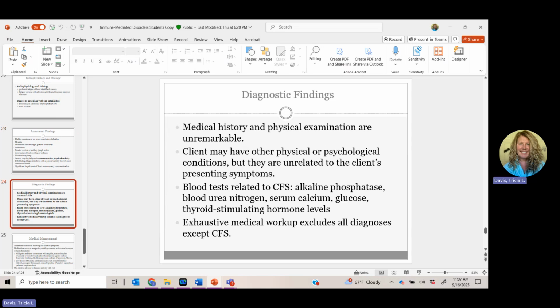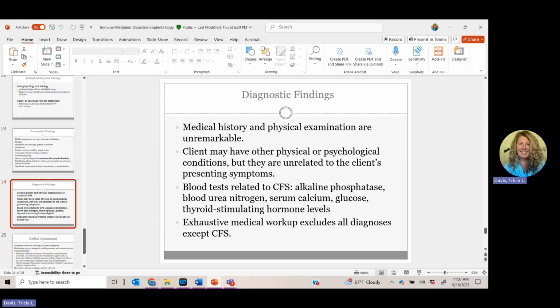All right, so diagnostic findings. We might not have anything, they might not report any significant past medical history. We might not be able to see anything on an examination, okay? Client may have other physical or psychological conditions as well. We're going to do a lot of different blood tests.